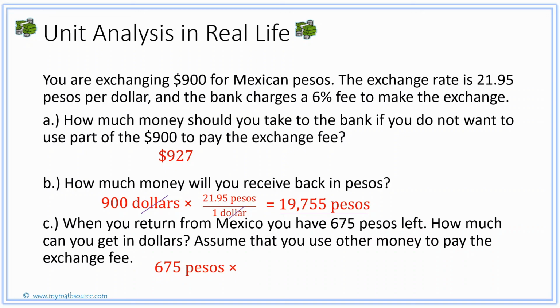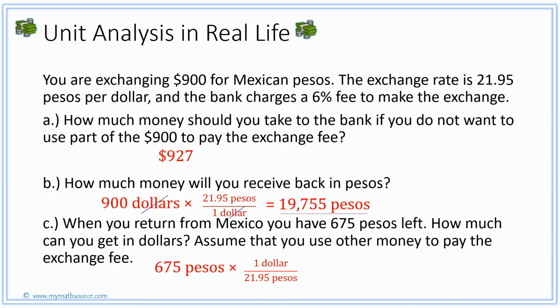And since we're doing the inverse of what we just did when we exchanged dollars to pesos, we will simply take the reciprocal of the exchange rate. So instead of 21.95 pesos per dollar, we're going to have $1 per 21.95 pesos. Remember, that's called the multiplicative inverse.